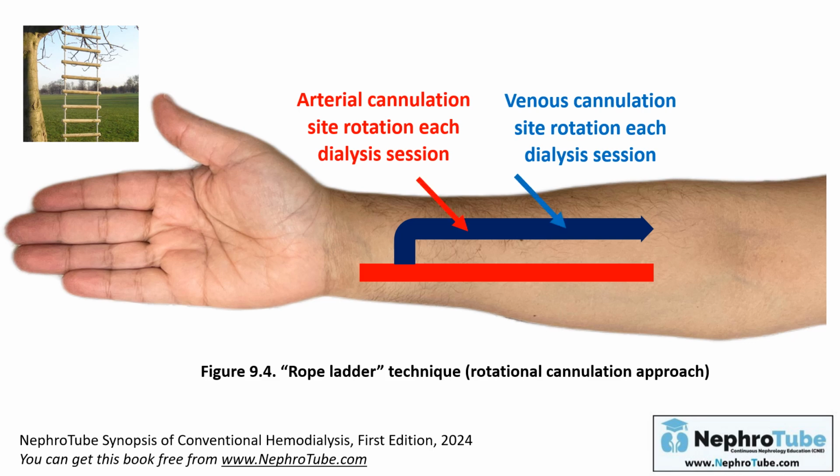For example, if you put the arterial needle in this point and the venous needle in this point in this dialysis session, in the next session you have to cannulate another site, and the next another site, the same as if you are climbing this rope ladder.